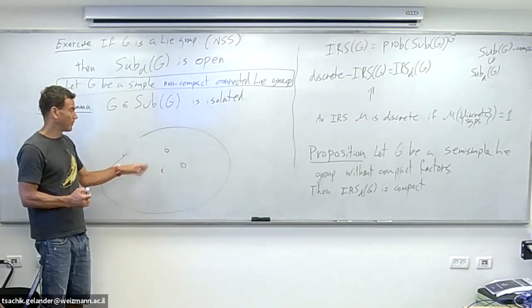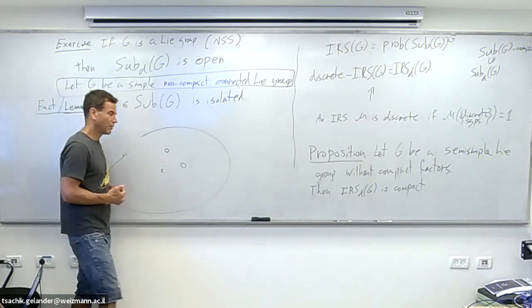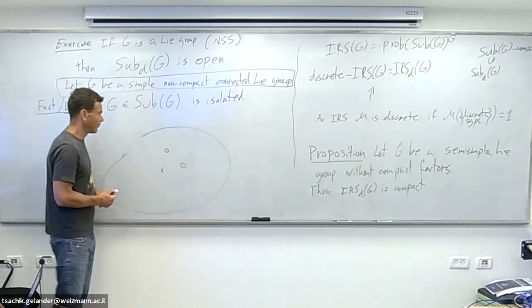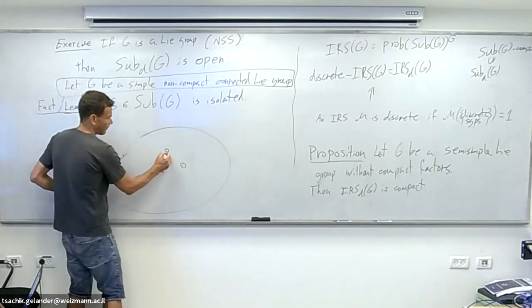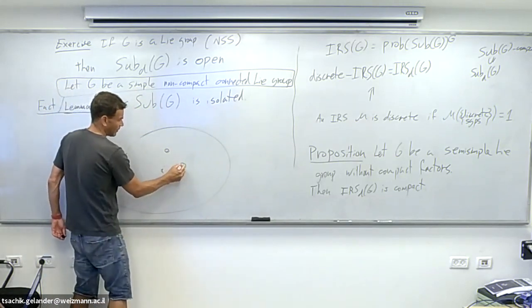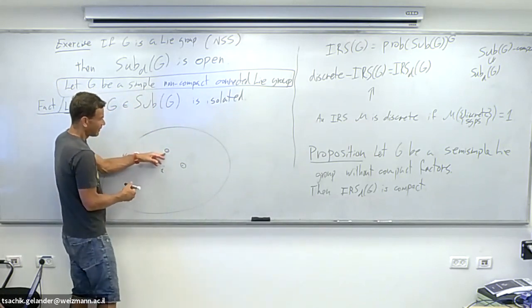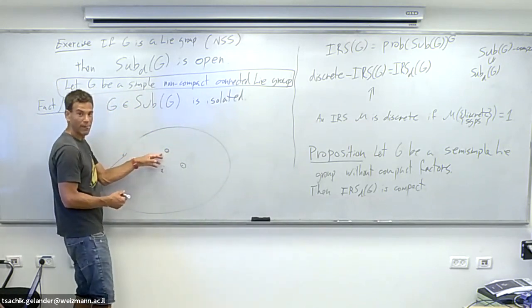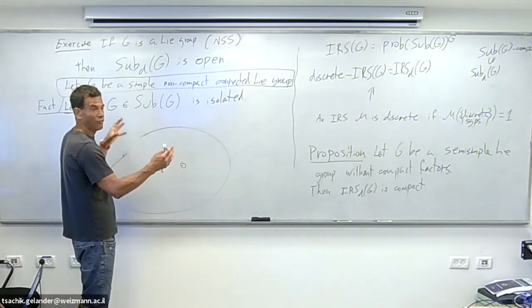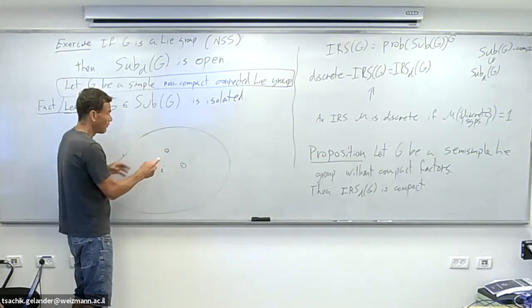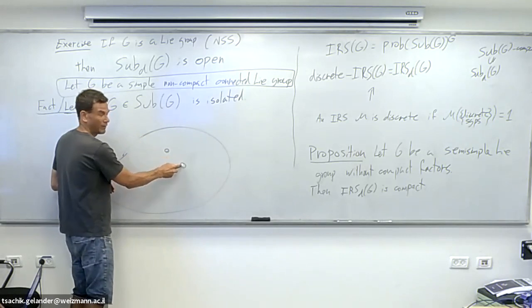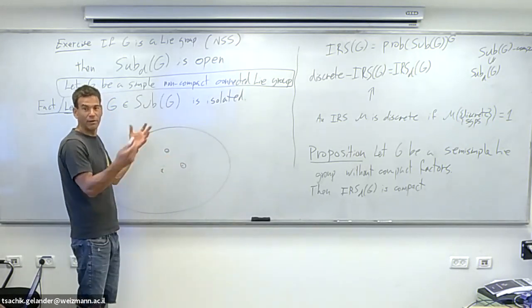Maybe at some point I should discuss a bit of information about dense subgroups of Lie groups. So you see, if you can recognize such two neighborhoods, then every group which is close enough to G must intersect this neighborhood and this neighborhood, and therefore it must be dense.